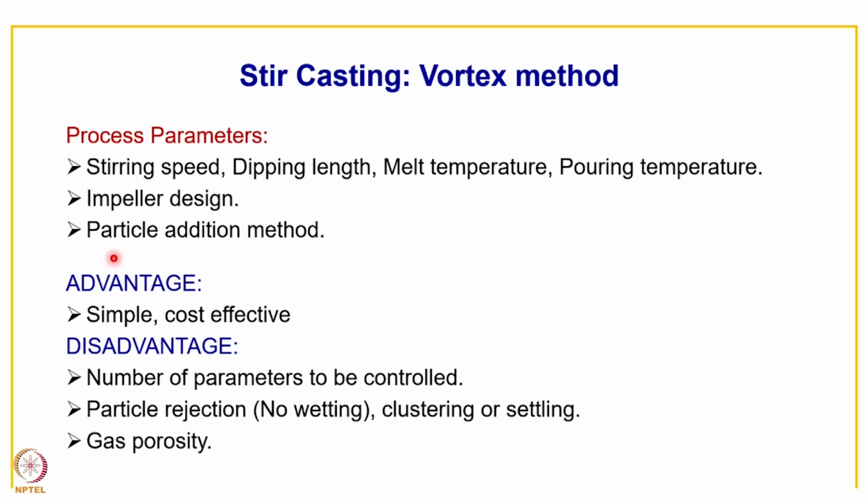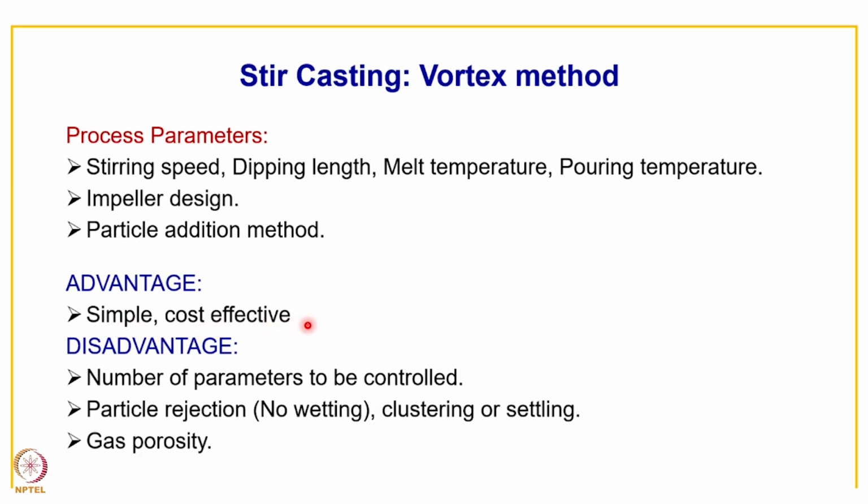Okay, so these are the main process parameters. Mainly you will have to look at the temperature, the processing temperature, and the stirring speed of the impeller. So for every material you may have to optimize these parameters. So the advantage of this process is that it is a simple and a cost-effective method.